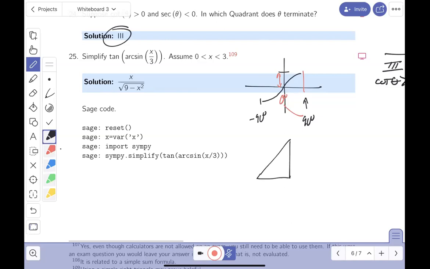I may not know what theta is, but I do know the sine of theta is going to be x over 3. By the Pythagorean theorem, this side over here, well, it's in my first quadrant, so it's got to be a positive triangle. No negative sides over here. The root of 9 minus x squared. And what's the tangent of that? It would be x over the root of 9 minus x squared.